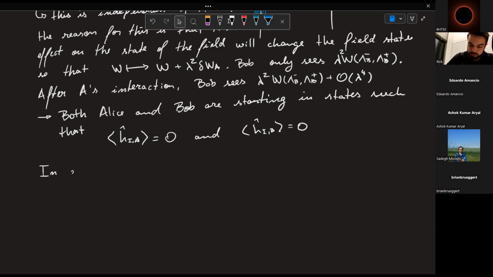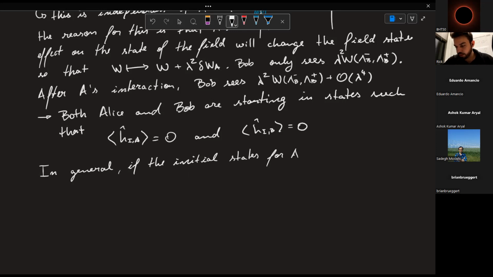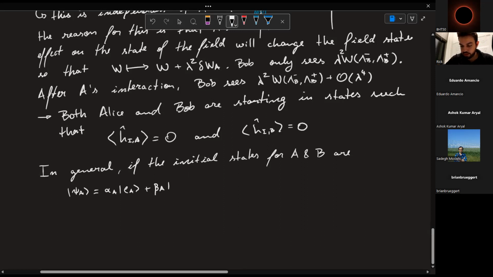So in general, if the initial states for Alice and Bob are psi A for Alice, which is a general pure one qubit state, which has coefficient alpha A in the excited and beta A in the ground, and basically the same thing for B. Psi B is alpha B excited B plus beta B ground B.